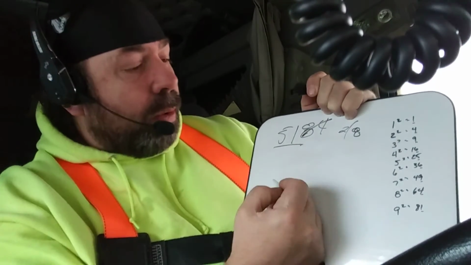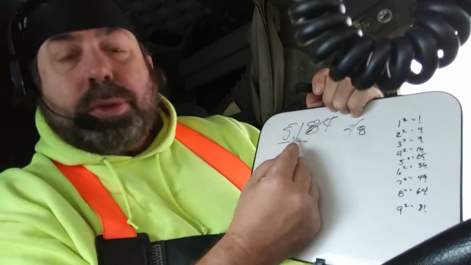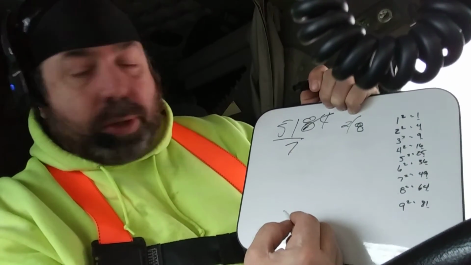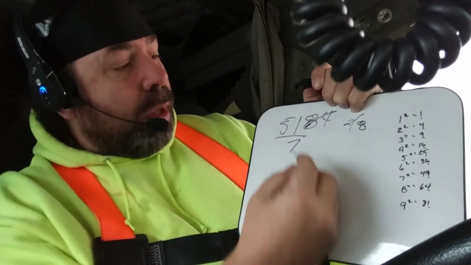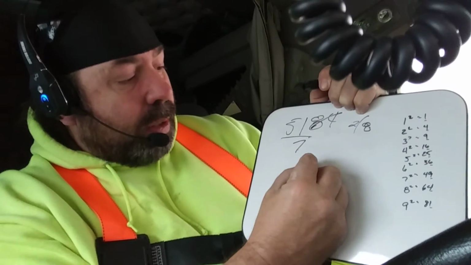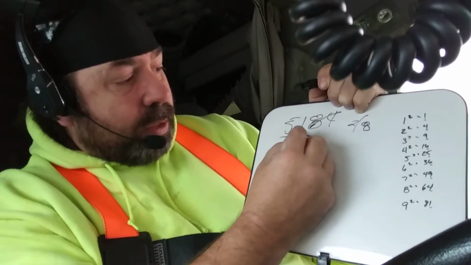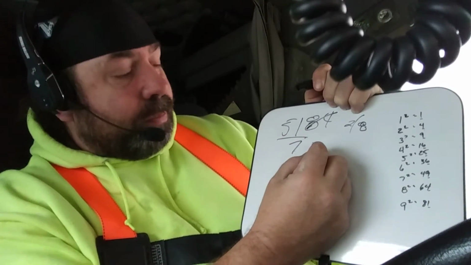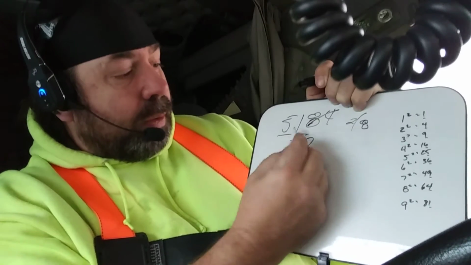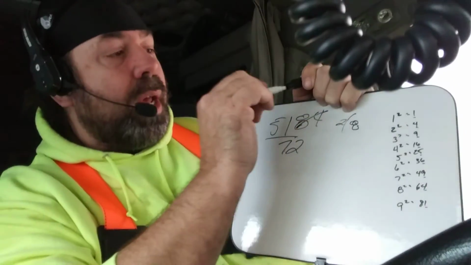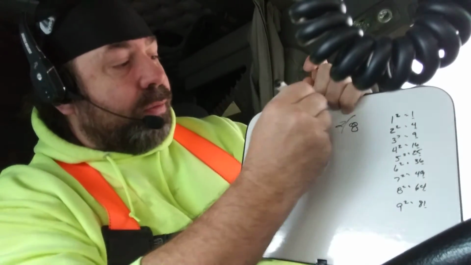For the first number, we're going to look for the next number smaller than this, which will be 7, because 7 squared is 49. Now to find this, 7 times 8 is 56, so that's bigger. So we're going to use the smaller number. So 72 is the square root of 5,184.